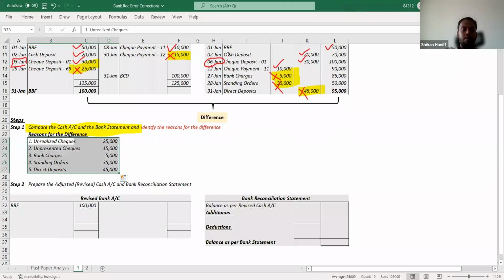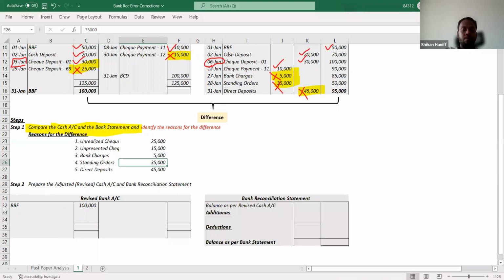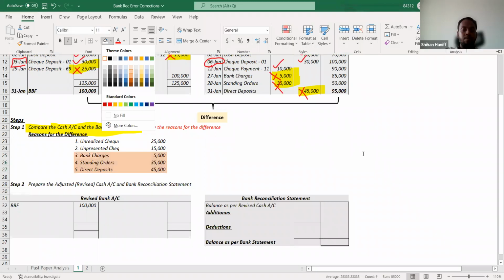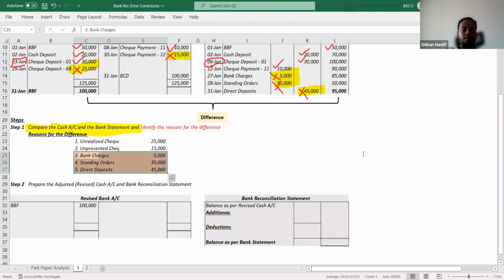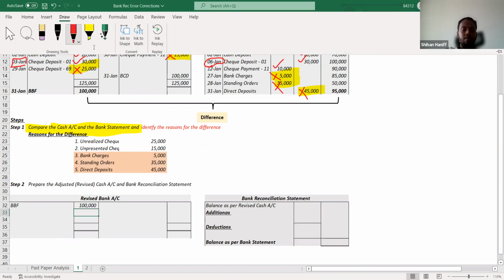There is a question: why do we put 100,000 in balance brought forward? The 100,000 balance brought forward is the closing balance of the bank account, which is the opening balance of the revised account. This is actually the continuation of the bank account. We are continuing this account. That is why we take it as the opening balance.